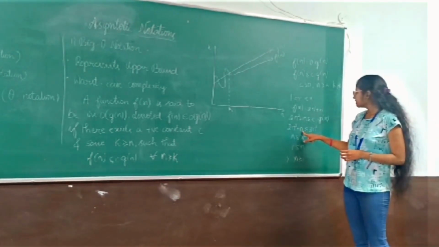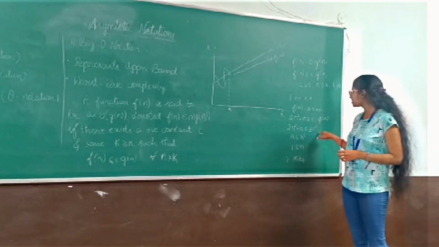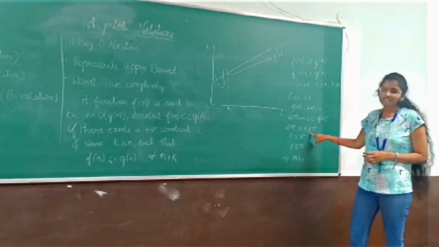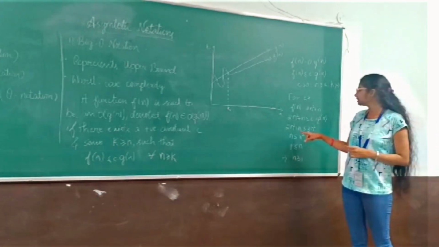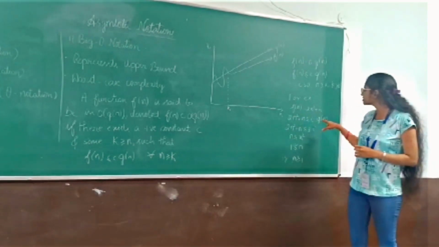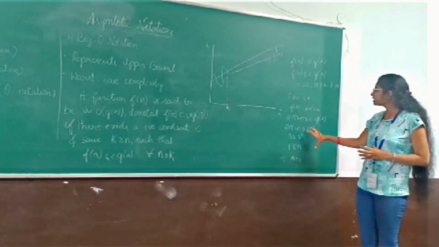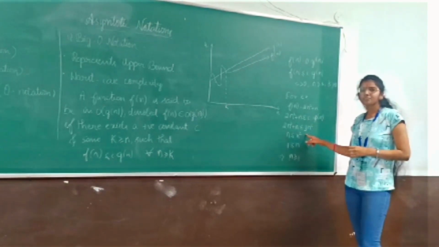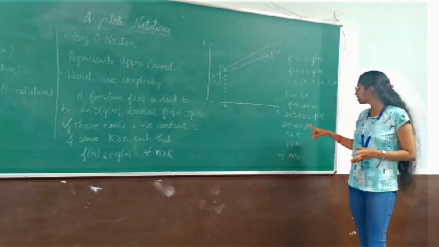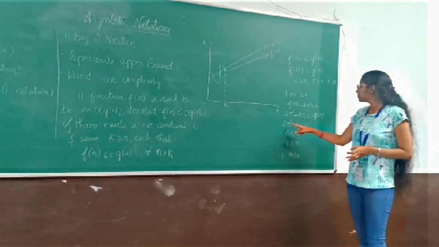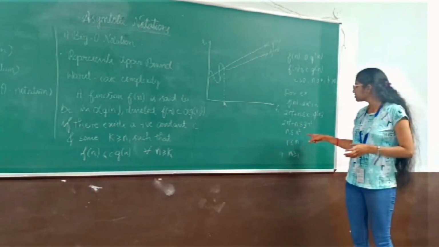2n square plus n is less than or equal to 3n square. We took 3n square because f(n) should be less than or equal to c times g(n). If we take any number less than 3, it will become reversed. Upon solving, we get n less than or equal to n square.